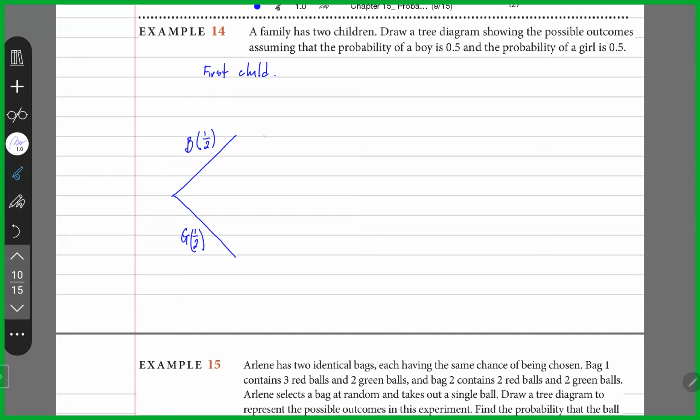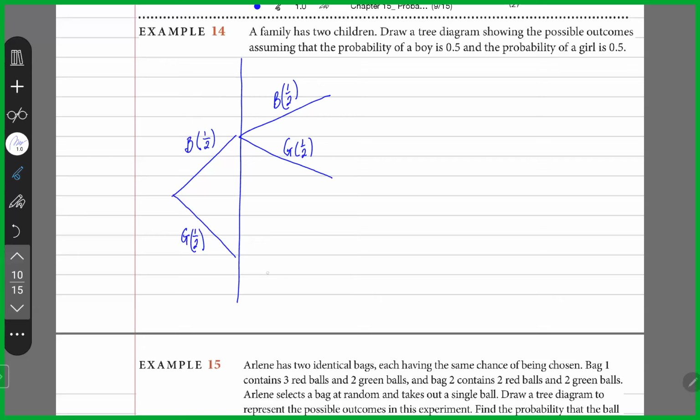Now, for the second child, now we could have a boy or a girl. So this is boy, the probability of a boy is a half, or you could have a girl, and the probability of a girl is a half.